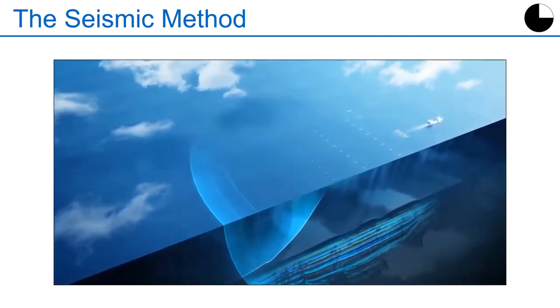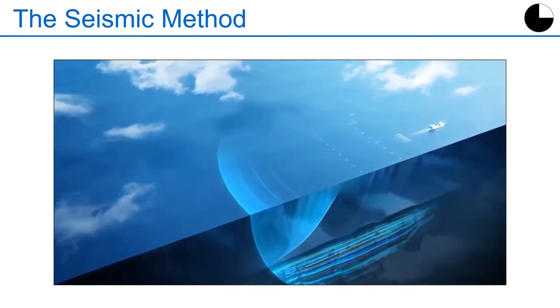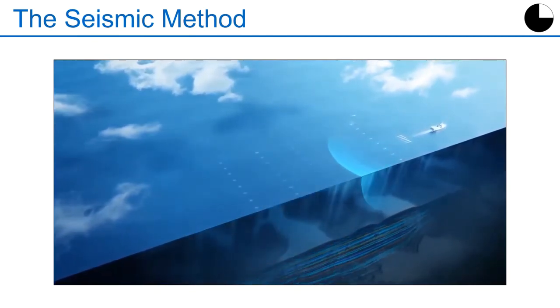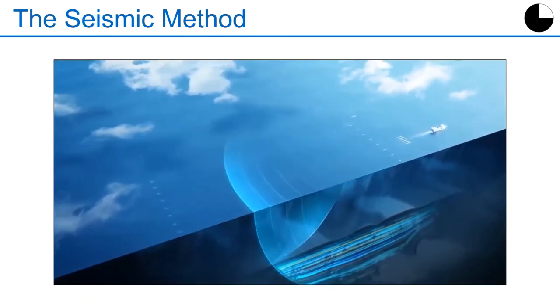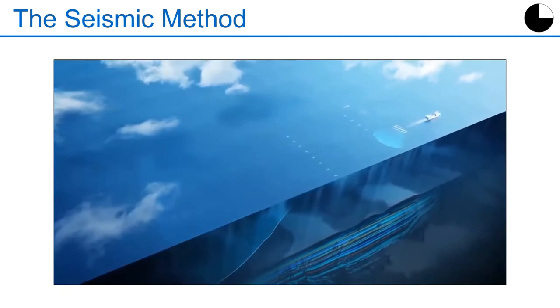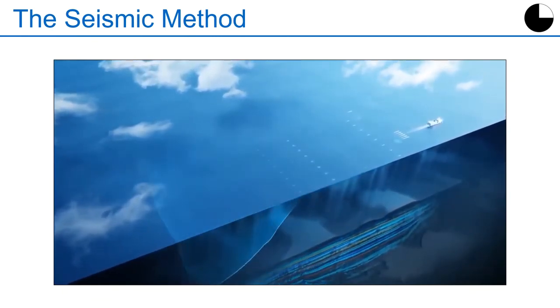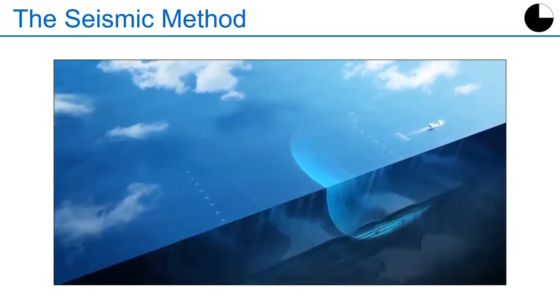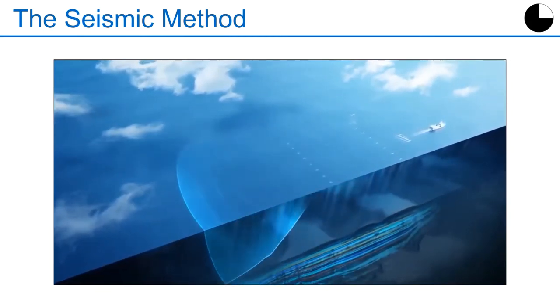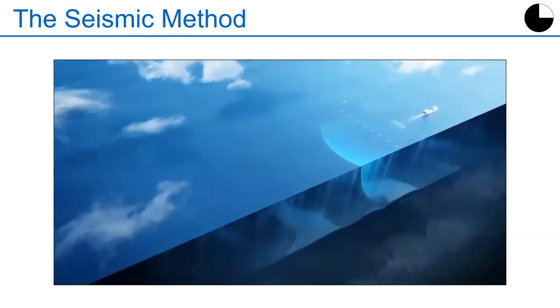Some of the energy actually goes further down beneath the seafloor, and it reflects off of the next geological boundary and then returns to the surface where it's recorded. And that method allows us to capture information on what the geological structure is beneath the seafloor. And essentially, these different seismic reflections, so you can see it on the image there, all these different layers, we can think about them as paleo seafloors.